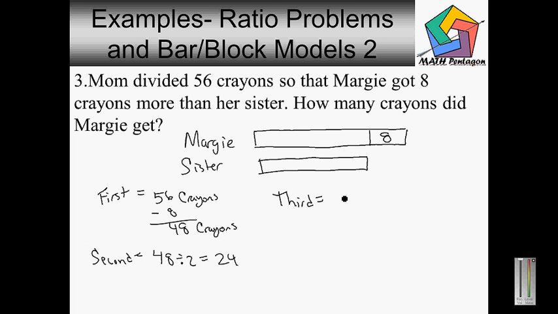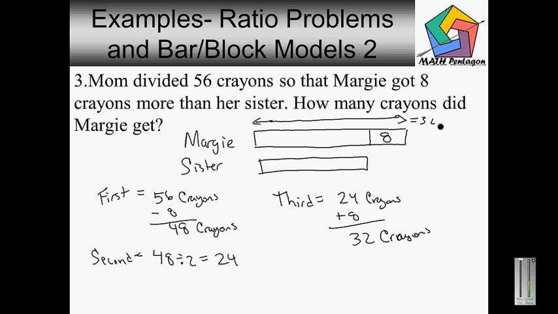So she has 24 crayons plus the 8, and she would have 32 crayons. So Margie has a total of 32 crayons.